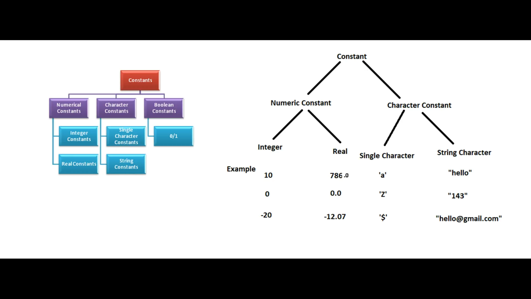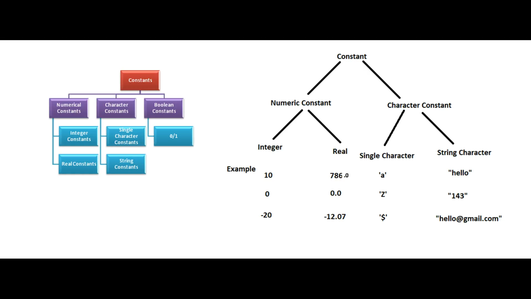Integer constants have their value in integers, for example 10, 0, -20, etc. Real constants have their value in decimals, for example 786.0, 0.0, -12.07.